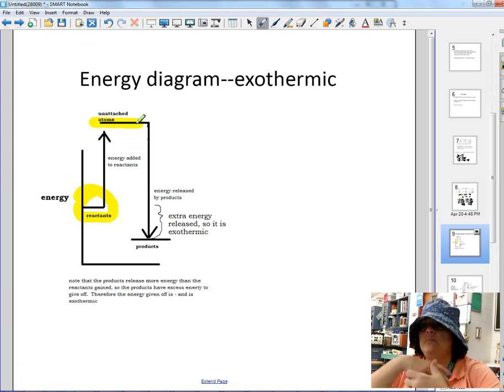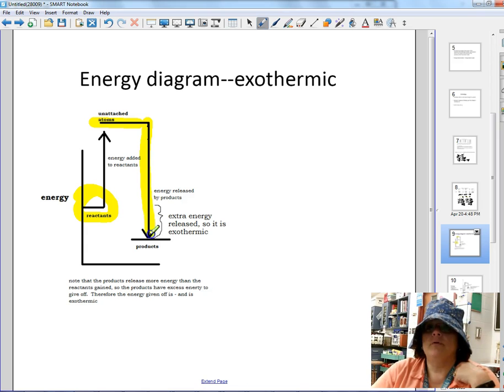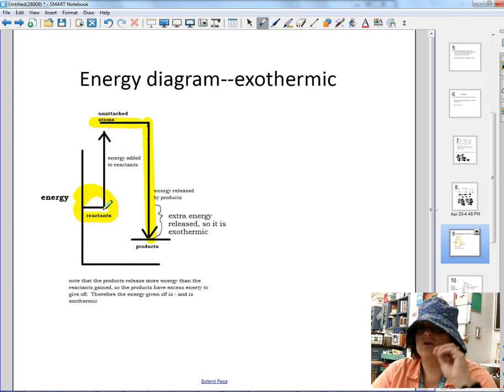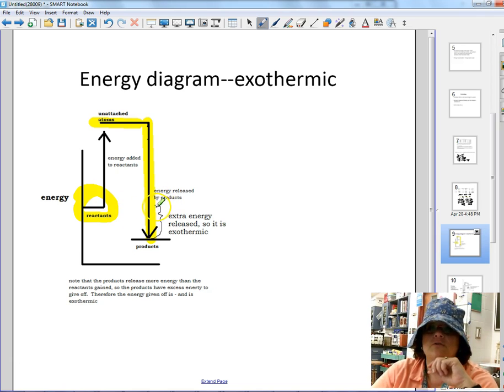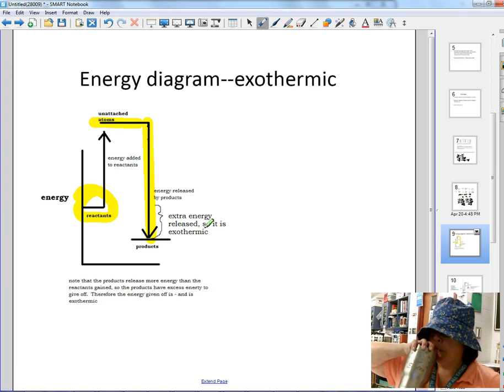And they begin to bump into other atoms and find a more pleasing way to arrange themselves. And they begin to form bonds. Once they have all formed a bond, they're going to be releasing that energy. If the energy they release is greater than the energy it took to get them started, in other words, we have extra energy here, it's an exothermic reaction. That makes sense. We've been talking about exothermic energy given off.